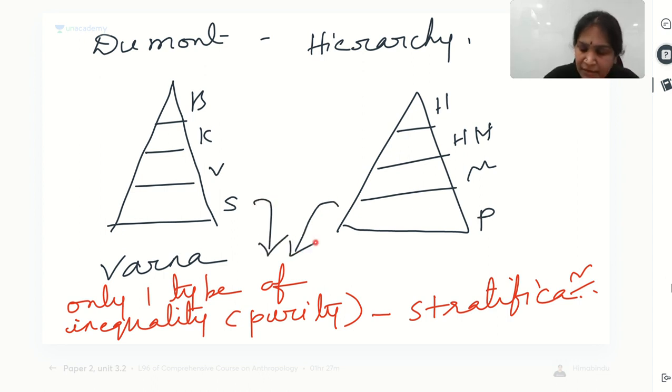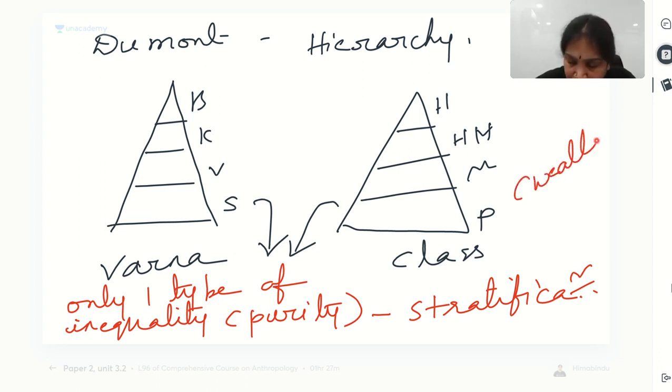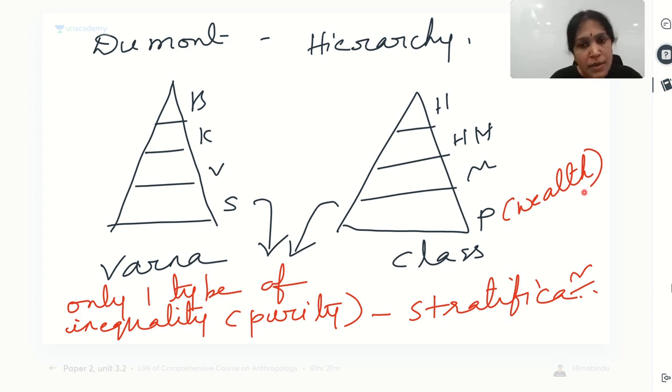In Varna system and class system, there is only one type of inequality. Here it is purity and here it is wealth difference, isn't it? Only one type of difference. Here it is purity, here it is wealth. So both are stratifications. Varna is a stratification, class is a stratification.